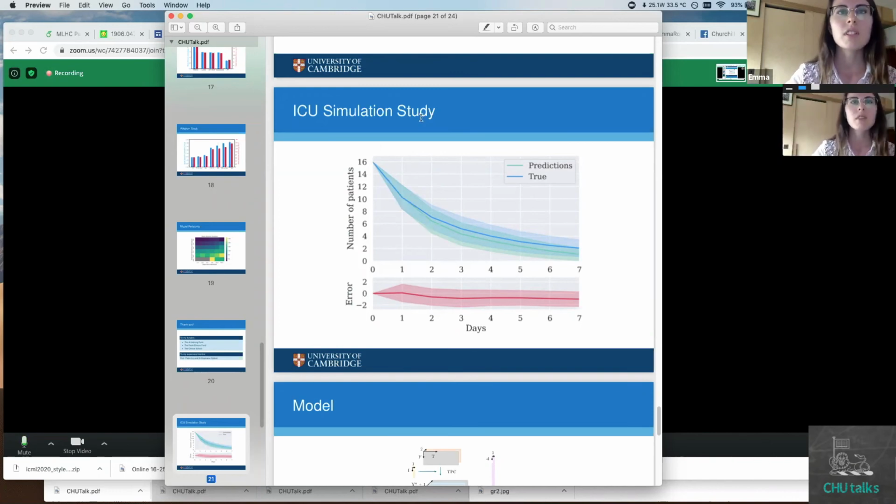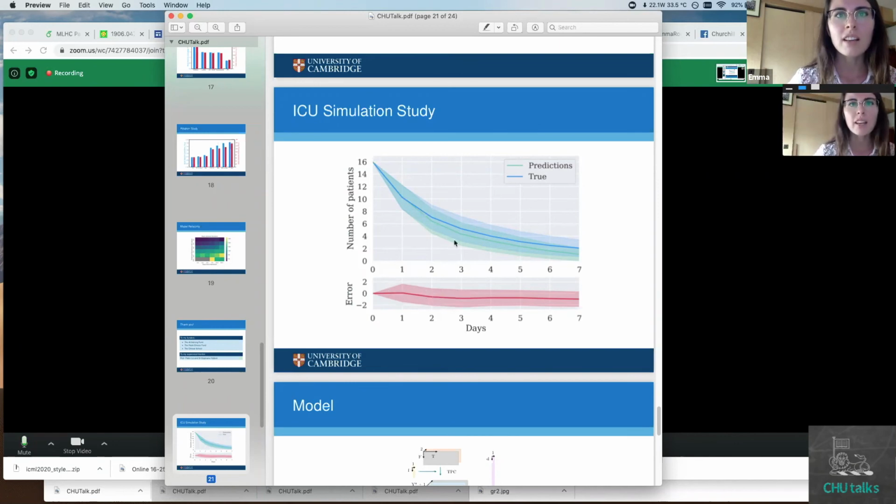So we did a simulation study where we randomized 16 patients from our data set that were going to be in the ICU, and we did this 500 times, and we looked at the true number of people that would still be there after 1 day, 2 days, 3 days, 4 days, 5 days, etc. We can see that it falls off from 16. And then we looked at our predictions, and we found that in general it was fairly well calibrated.